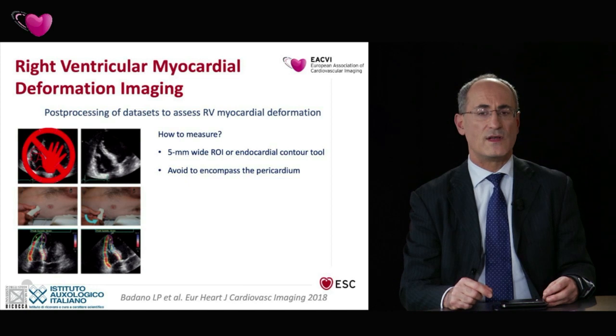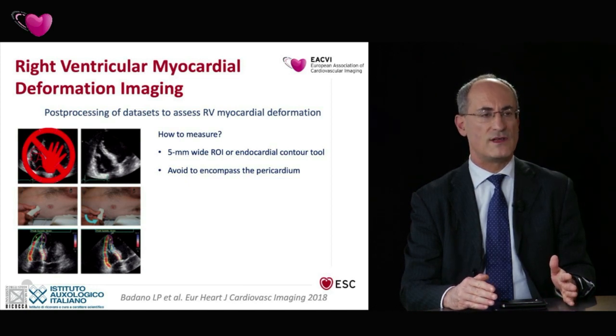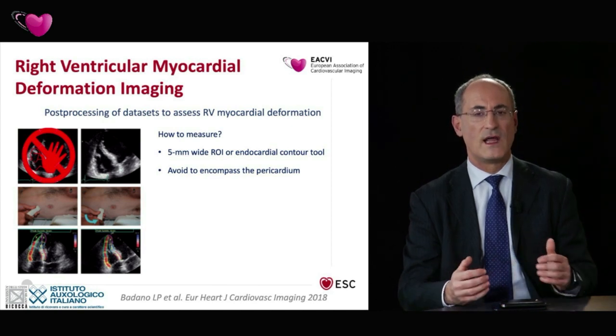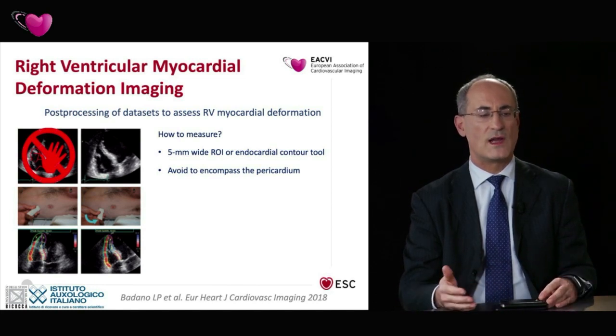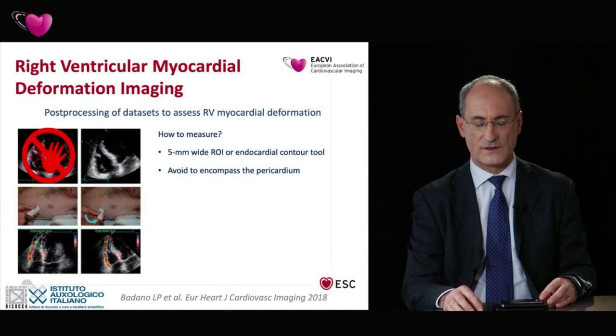The important point is to avoid encompassing the pericardium within the region of interest, because the pericardium is very bright and attracts the software, but it is also inextensible. And so if you include the pericardium, you will have an underestimation of your strain.